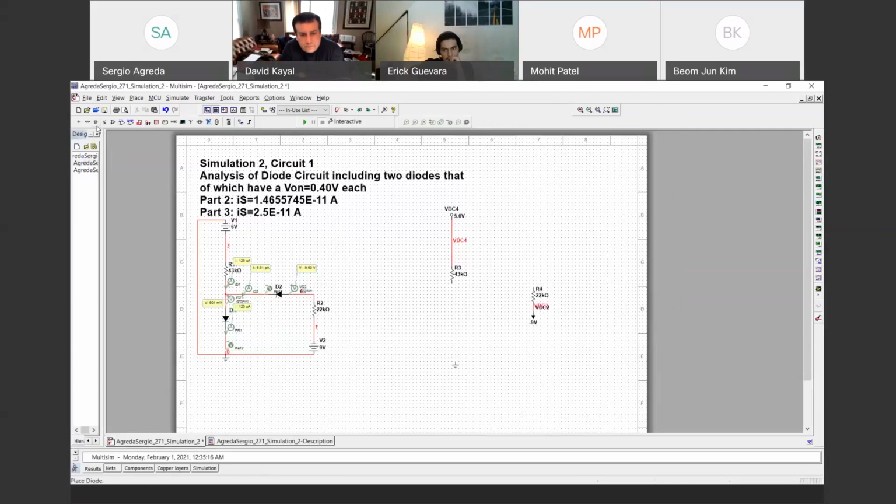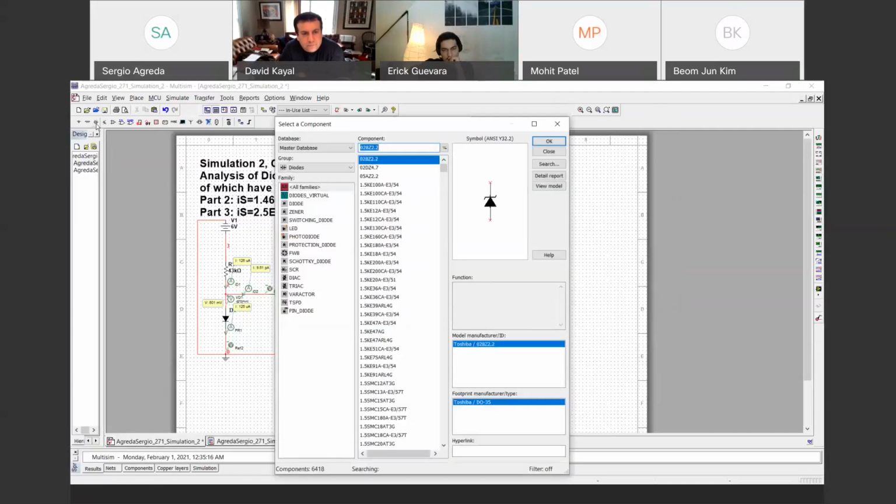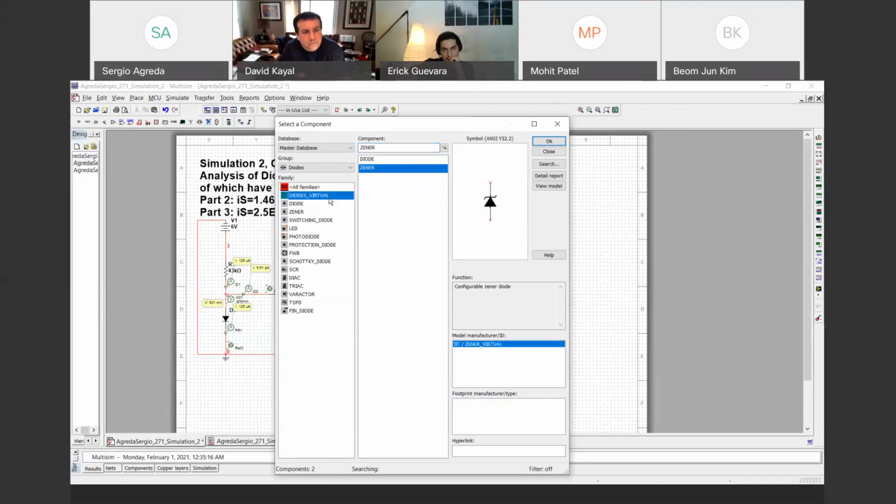Now, for finding our diodes, there's a special symbol on the taskbar of Multisim that says place diode. Always go to virtual. Virtual, in the sense of Multisim definitions, is basically ideal. It behaves like a perfect diode.